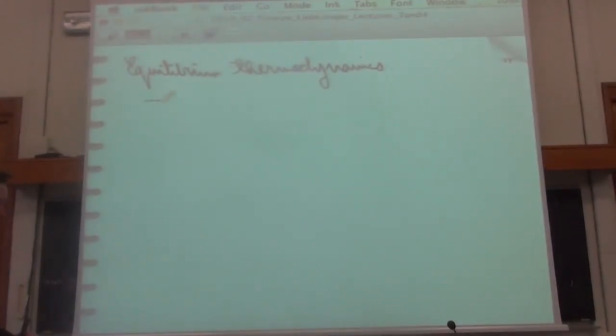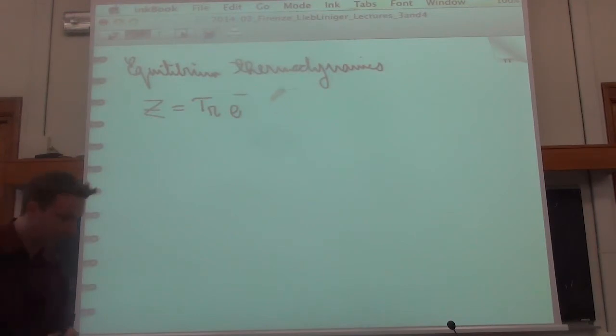So we want to have some Z, which will be a trace of e to the minus (H minus chemical potential μ N) divided by T. Boltzmann's constant is 1.